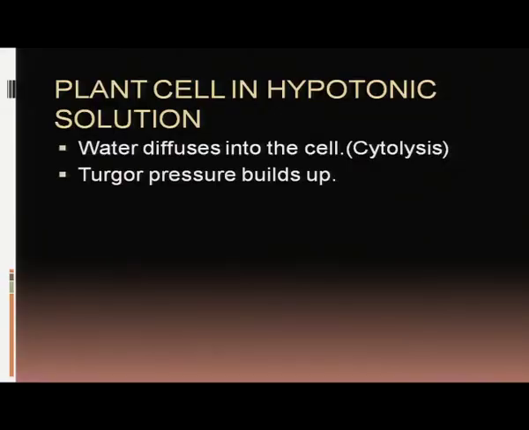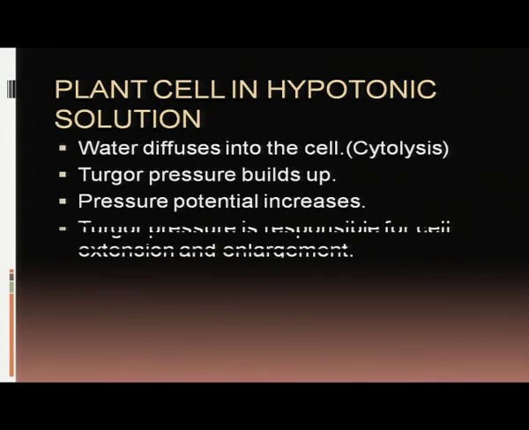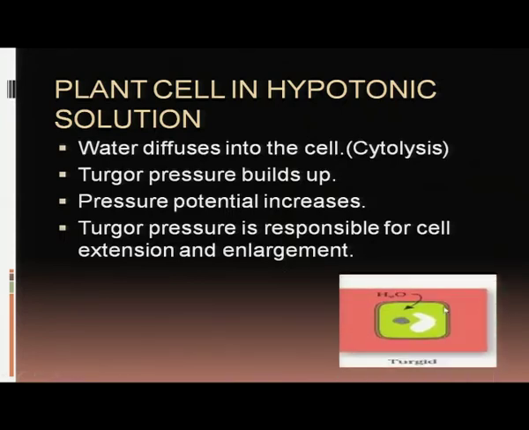Because of the movement of water into the cell, turgor pressure builds up and the pressure potential will obviously increase. Turgor pressure is very important for plants because it is responsible for cell extension and enlargement. So, this is the diagram of a turgid cell.